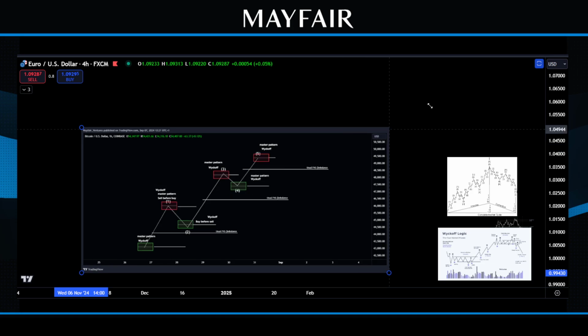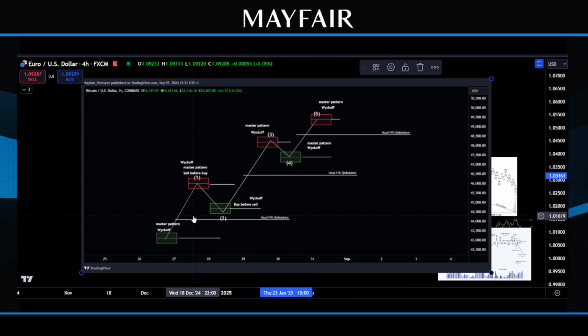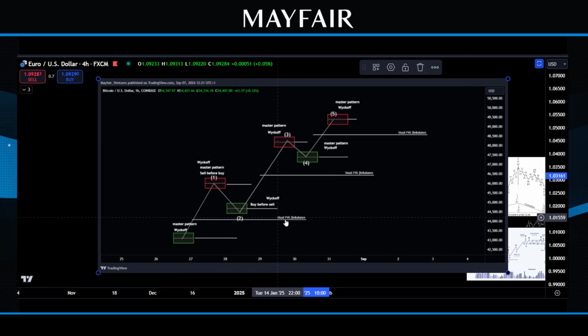If you can put all of those pieces together, we have, as I said, the accumulation at the bottom, which we could see as a master pattern Wyckoff. We then come up and create this aggressive move, which in essence will leave things like an imbalance, so a fair value gap. Then we come up and start to distribute.